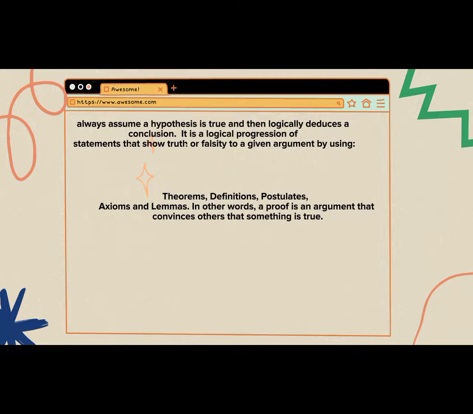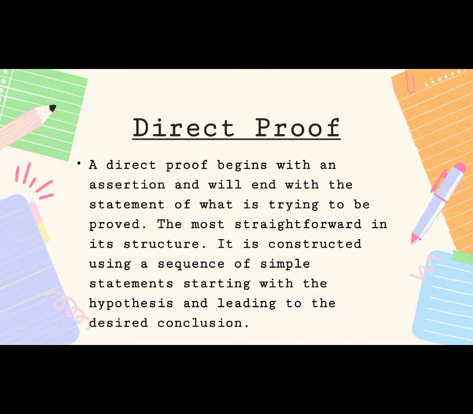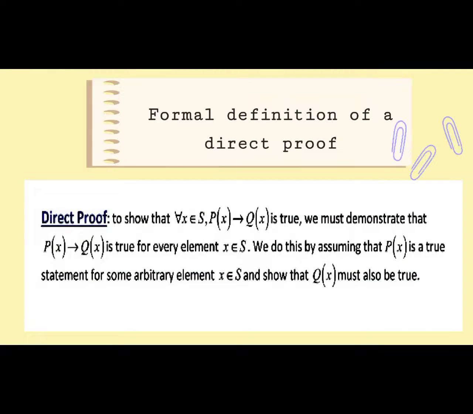So when we say a direct proof, it begins with an assertion and will end with a statement of what is trying to be proved. The most straightforward in its structure, it is constructed using a sequence of simple statements, starting with a hypothesis and leading to the desired conclusion. So, here is the formal definition of a direct proof.